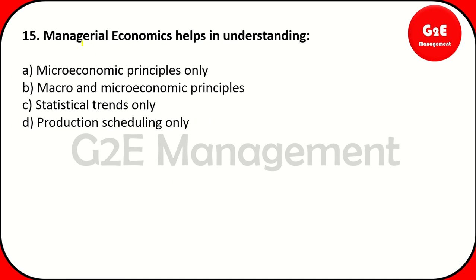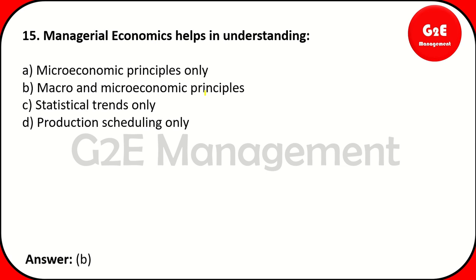And number 15, managerial economics helps in understanding: microeconomic principles only, macro and microeconomic principles, statistical trends only, or production scheduling only. So managerial economics is related to microeconomics, but even though, it will focus on macroeconomic factors, that is inflation, GDP, such kind of things.